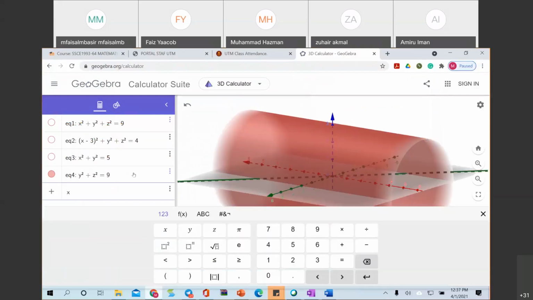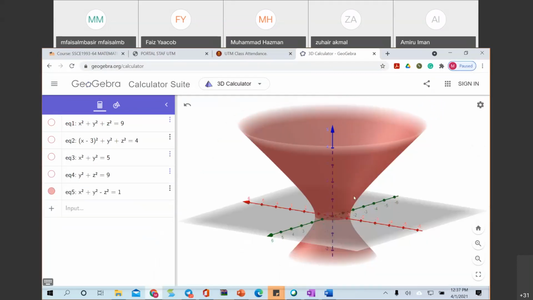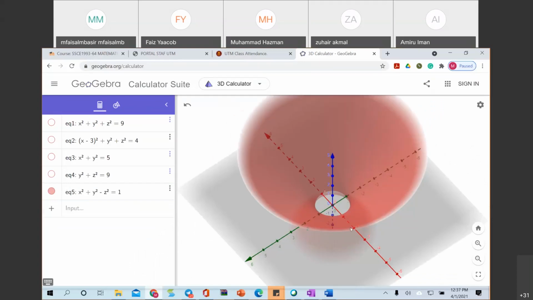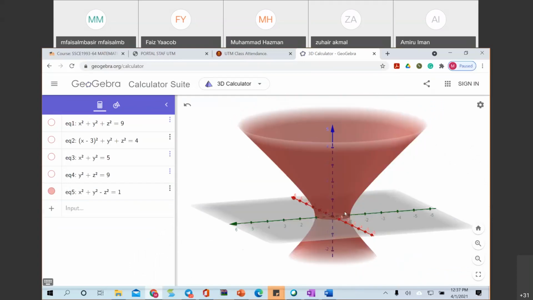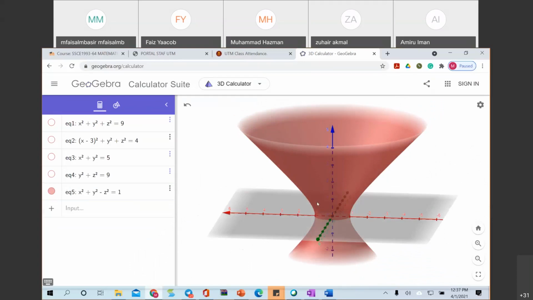Let me show you here. X squared plus y squared minus z squared equals 1. So let me turn this off. See? This is a hyperboloid of one sheet. It is parallel to the z-axis.